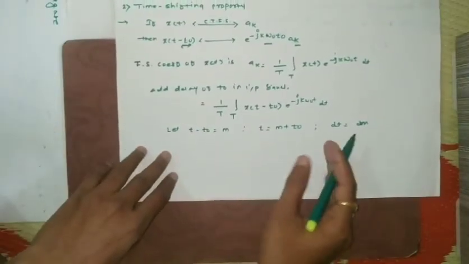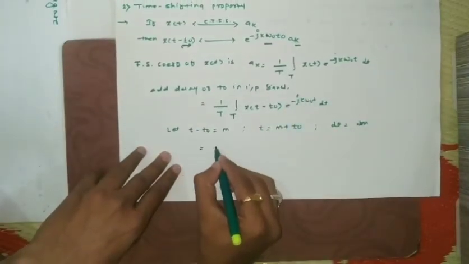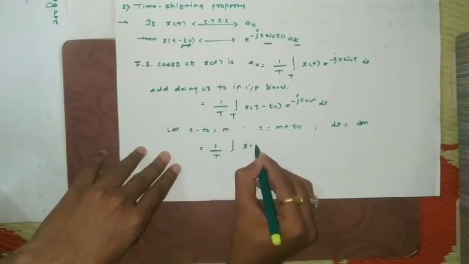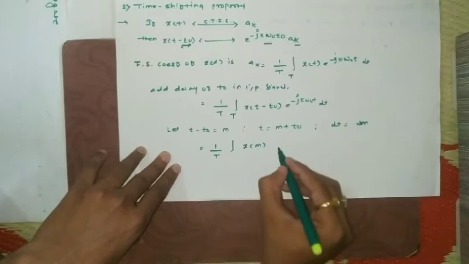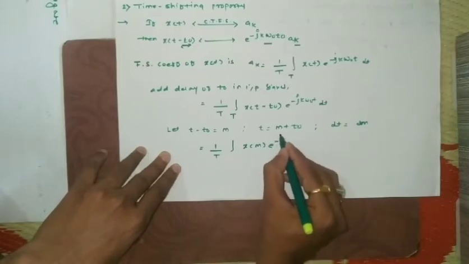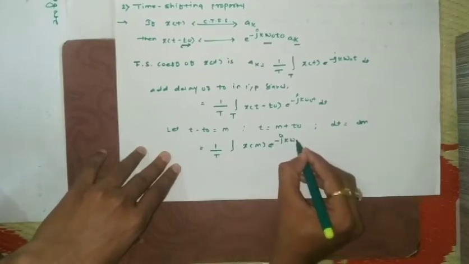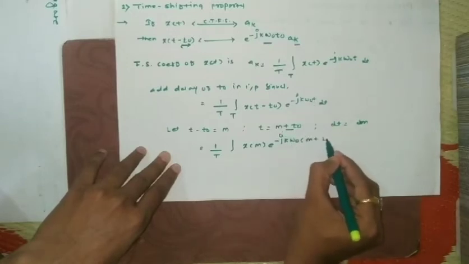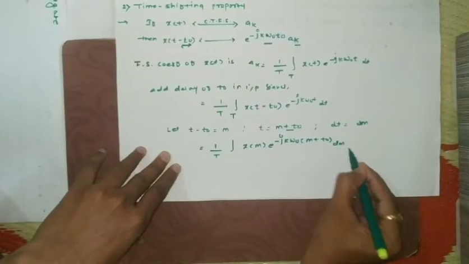So once you replace all these values here, this equation holds 1 upon T integration x of m into e raised to minus jk omega naught, instead of t, we will put this value as m plus t naught into dm.